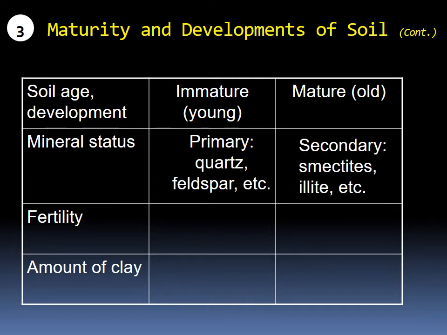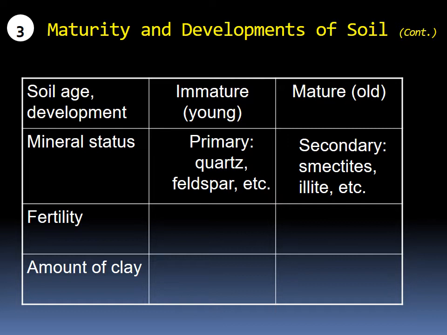However, when the soil becomes mature, its mineral content changes and develops to a more stable form. They are basically changed with the chemical and the physical weathering, especially the chemical weathering, from primary type minerals to secondary type minerals.